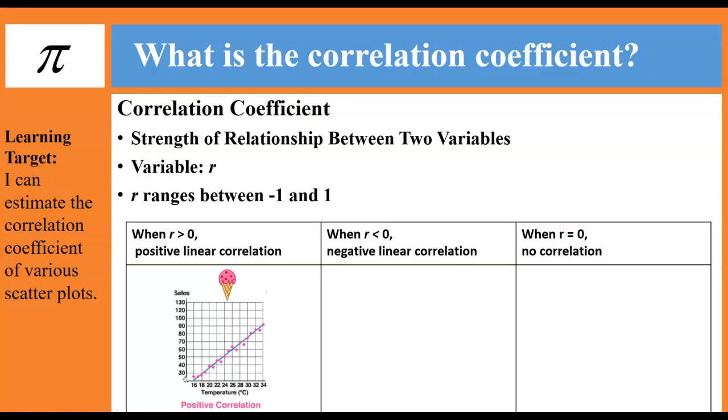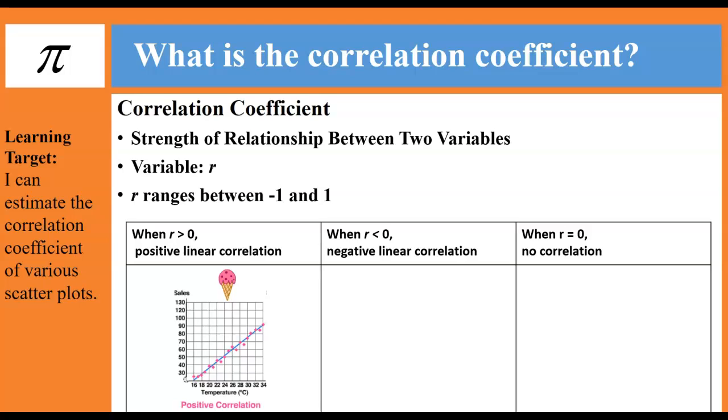Obviously, as the temperature gets hotter, there will be more sales. If we could draw a line that describes the data, it would definitely have a positive slope. This data looks kind of line-like.